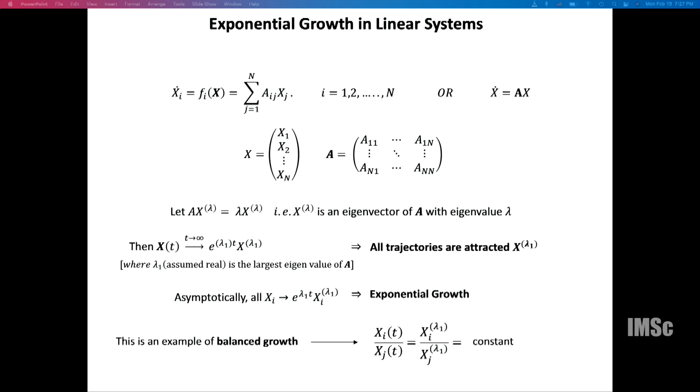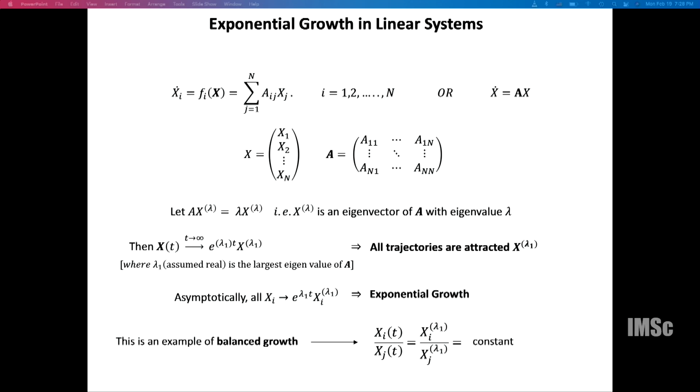Here is an example of a linear system, but n-dimensional. There are n variables xi, and dxi by dt is a linear function of the x's, where A is a constant matrix, the aij's.